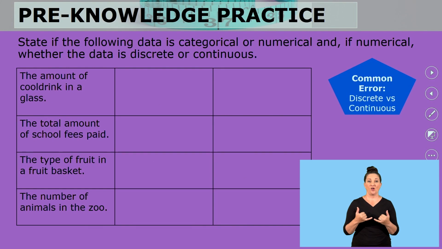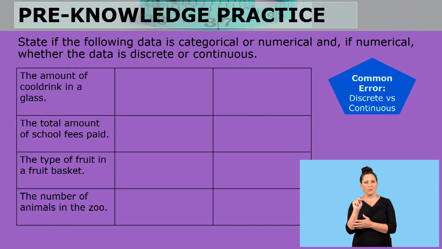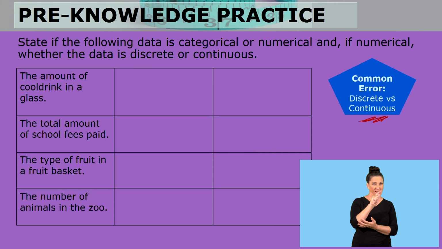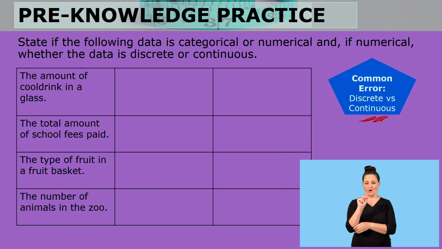State if the following data is categorical or numerical, and if numerical, then state whether the data is discrete or continuous. The most common error made, of course, is mixing them up, and we have to be careful of that. Let's get to the table. The amount of cool drink in a glass. Firstly, is it categorical or numerical? You could have half a glass, you could have a full glass. So that is numerical, not categorical.